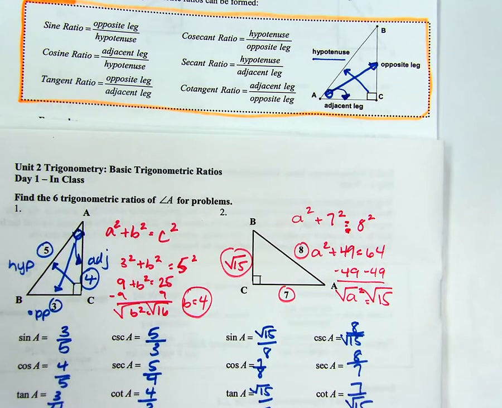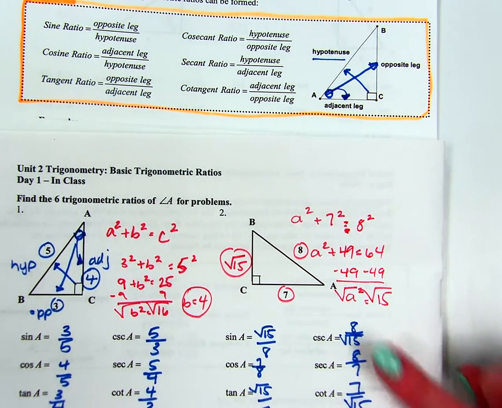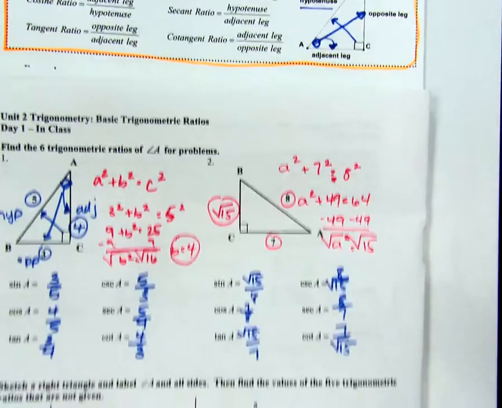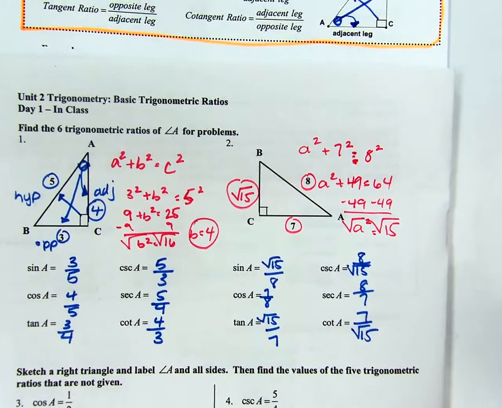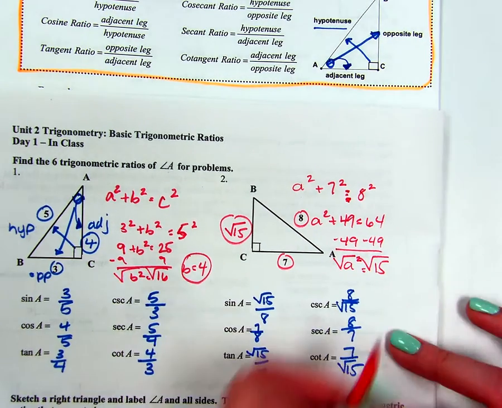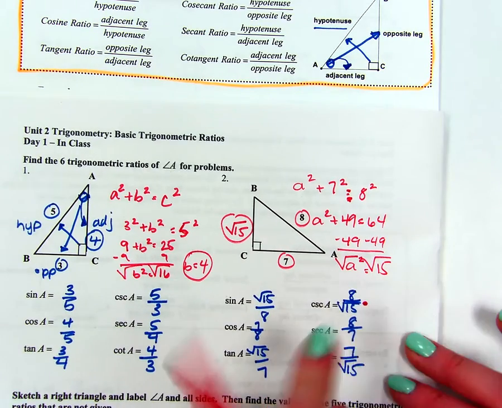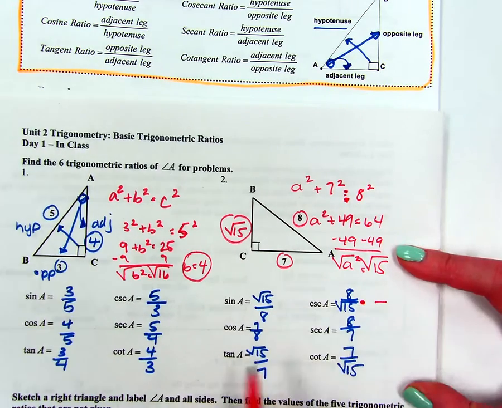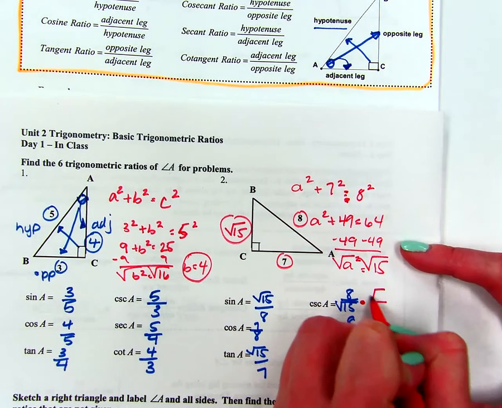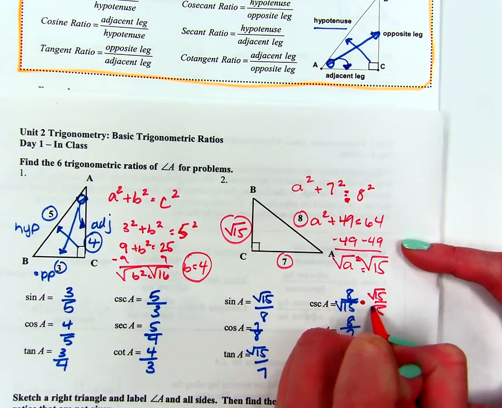Okay, and you'll notice on these problems I have the cosecant of angle A and cotangent of angle A, and I have a radical in the bottom of our fraction there, and we cannot have a radical in the bottom. So what we're going to do is multiply that fraction for both of those by the radical that's in the bottom, both in the top and in the bottom.